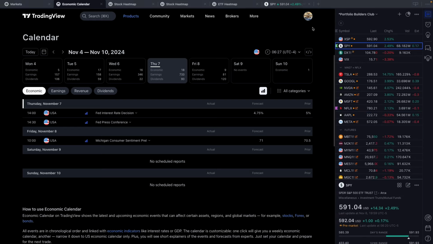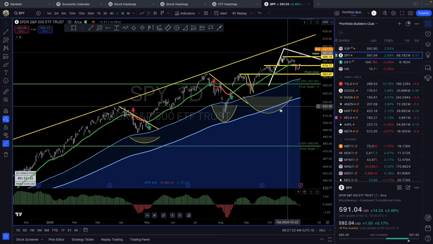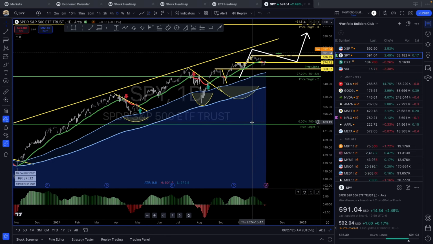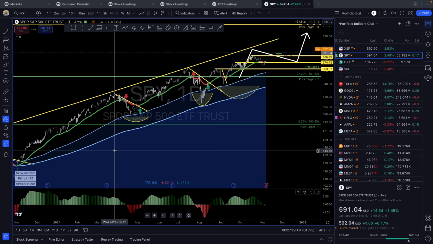Let's start with SPY. So as we see, SPY is continuing in this upward trend. Again, as we talk about price, as we talk about what's happening in the market, we go with the premise that no one really can predict whether the price is going to go up or down. No one knows if some big hedge fund or mutual fund is going to enter or exit the market.